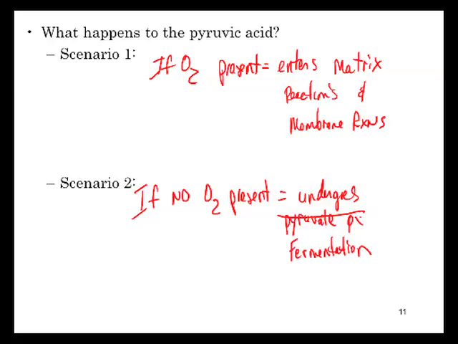And that's a whole separate scenario we'll talk about too. Actually, it's called lactic acid fermentation. It's a little different than the fermentation that's used to produce ethanol in wine or beer. But same idea.